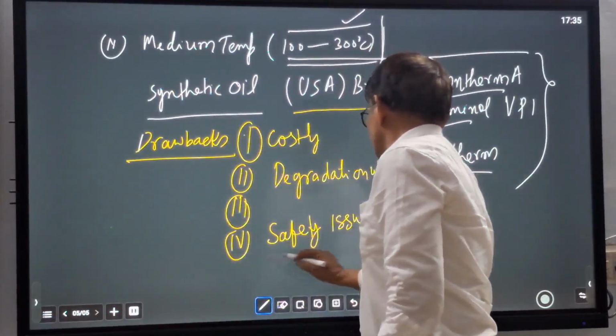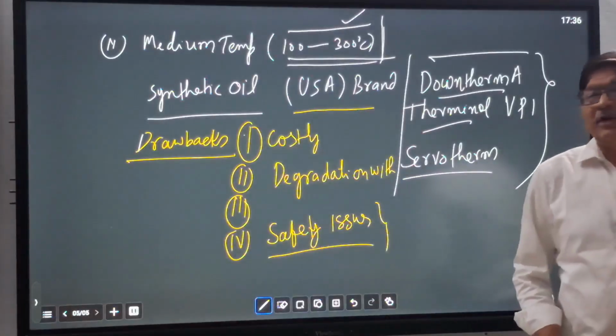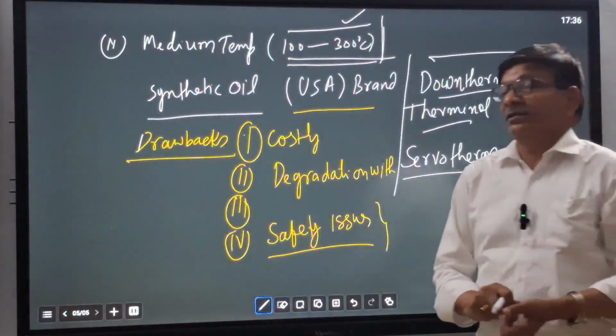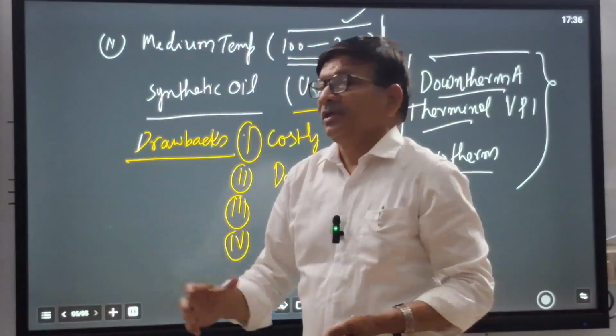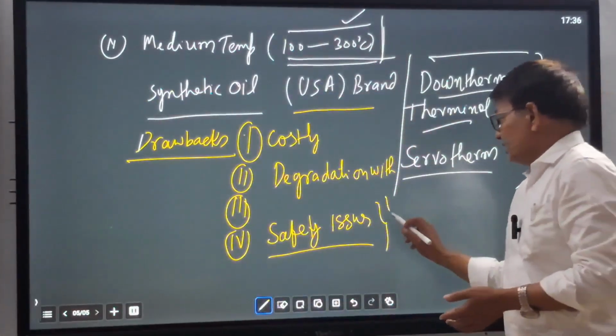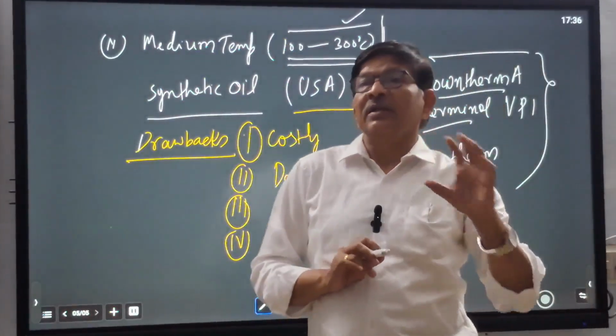What are the safety issues? If the temperature rises above the flash point of the synthetic oil, then burning will take place. So it is highly hazardous. When the flash point is reached, temperature suddenly rises and above the flash point, burning will start. That's why these can be used only in an inert environment.